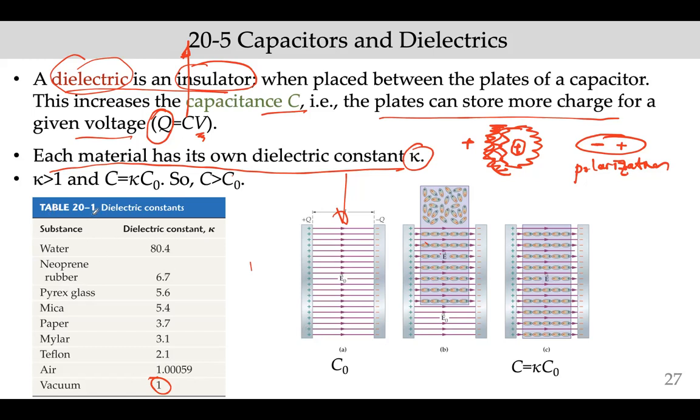So let's say C0 is the capacitance for the case where there's nothing in between the plates, no material. And if you place one of these materials, now the capacitance of this capacitor becomes C0 times kappa, and kappa, as you can see, is a number that's greater than 1. So any dielectric material that you put in will increase the capacitance.